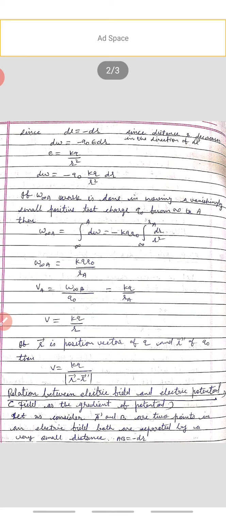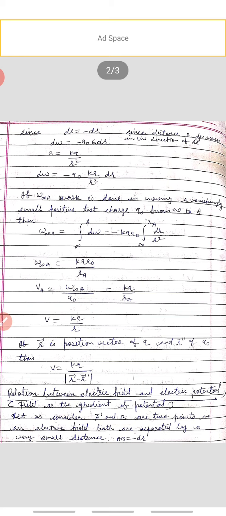In general, if we remove the subscript A, then the formula for electric potential due to a point charge is V equals kQ upon small r. If small r is the position vector of Q and r dash of Q naught, then in terms of position vectors, the potential is given by V equals kQ divided by modulus of r minus r dash.